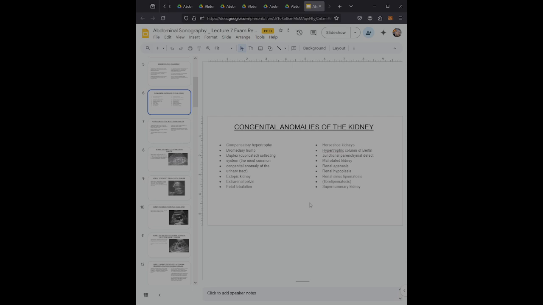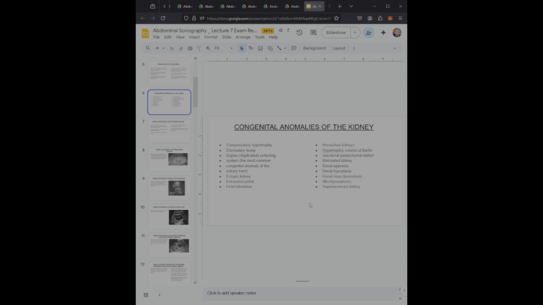A junctional parenchymal defect results from incomplete fusion of the two embryological components of the kidney, or renunculi, and it appears as a wedge-shaped structure on the anterior portion of the kidney, located between the upper and middle sections of the kidney.